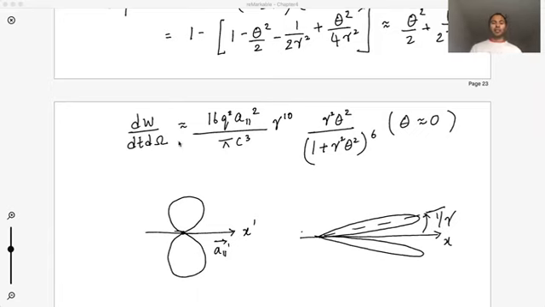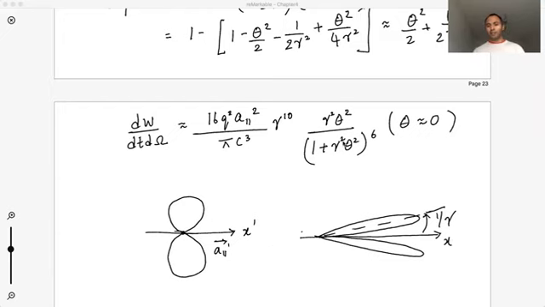Which means that this value goes to an extremely small value. So if you're very far from the axis along which the charge is being radiated, then you basically get zero radiation, right? So if you just look perpendicular here, you're going to get zero radiation. But if theta is exactly 0, then again you get 0 because the numerator has theta square. So exactly along the axis, there's no radiation either.